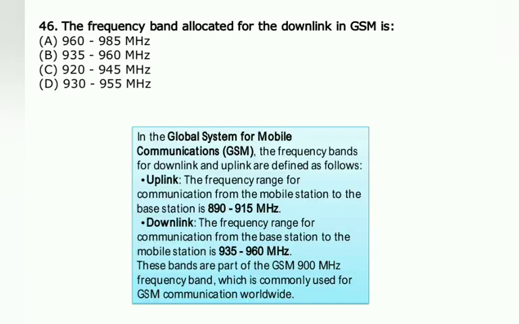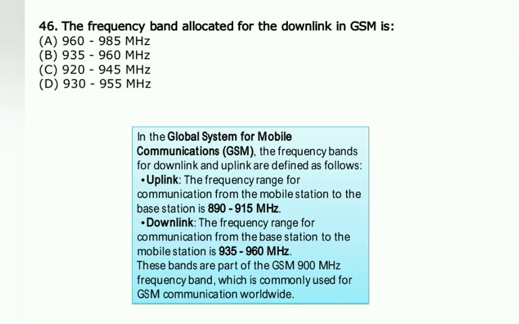The frequency band allocated for the downlink in GSM is? The frequency band allocation of GSM is 935 to 960 MHz. That is, option B is the correct one.